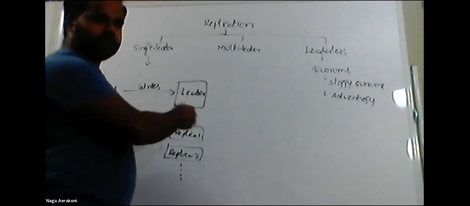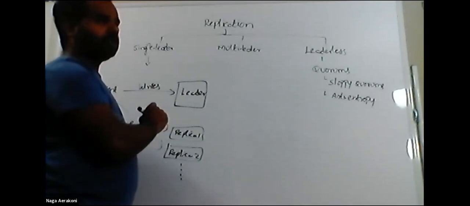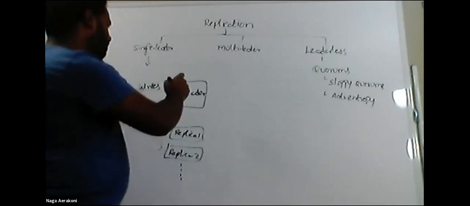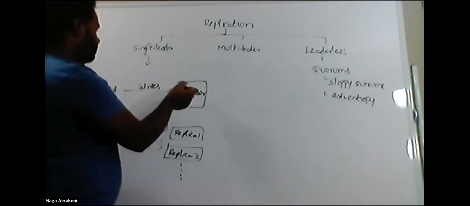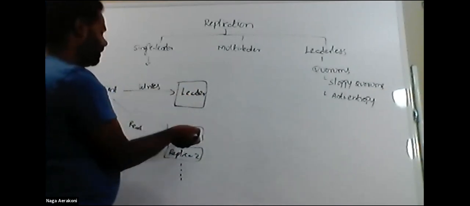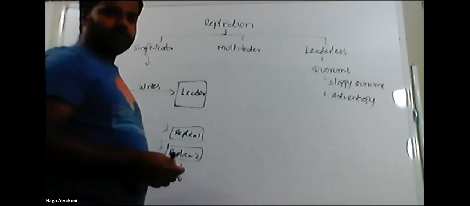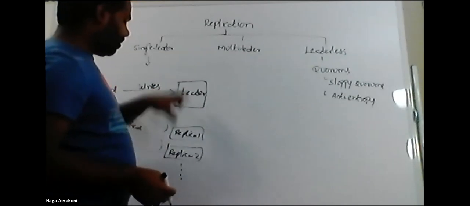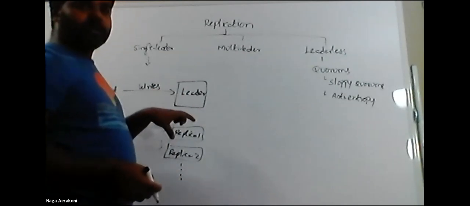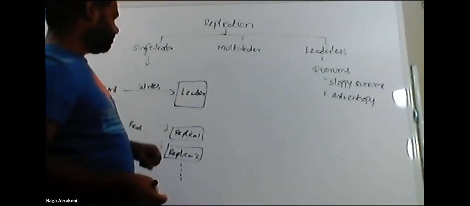This is the general idea of single leader replication: clients always write to the leader, and for reading any data, they can reach out to any of the replicas. And it's the leader's responsibility to make sure that all the replicas are aligned, I mean, that all the replicas have the same copy of data.